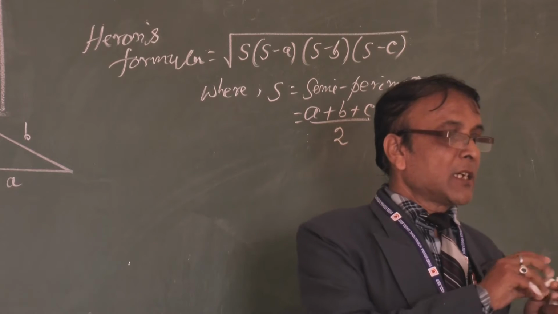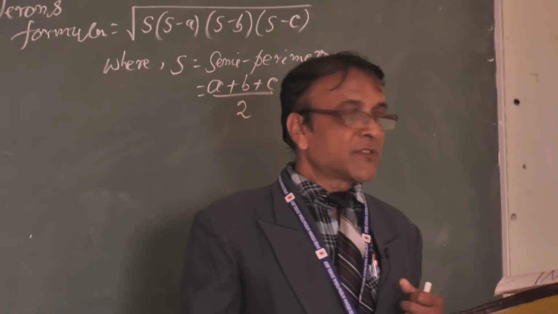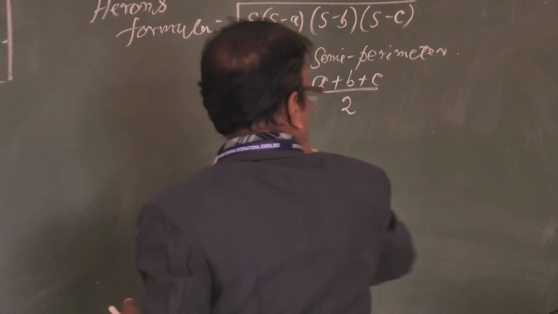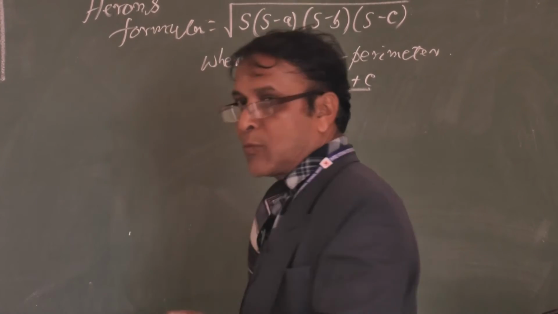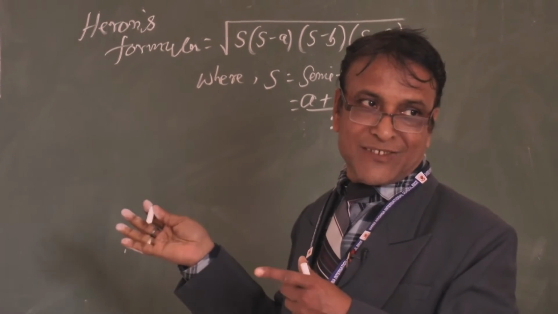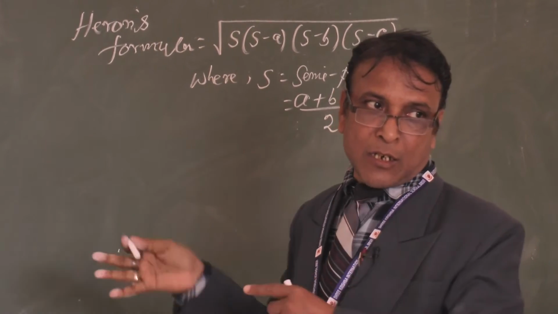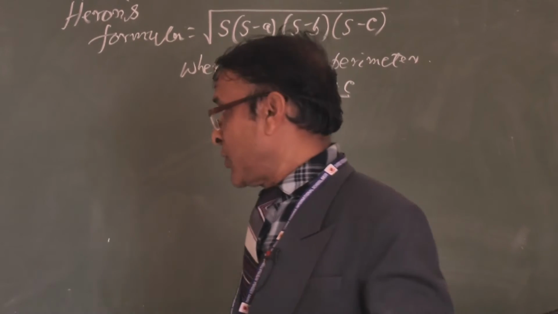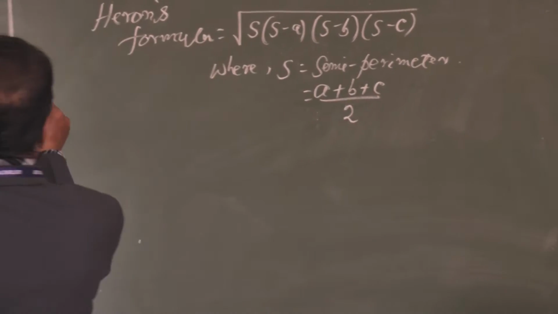Now, I am taking a few examples. I am keeping this formula on the board so that you can see it and understand it, and when I give some question then you will do it. Now, I am taking one question.